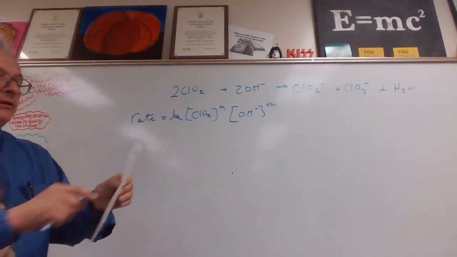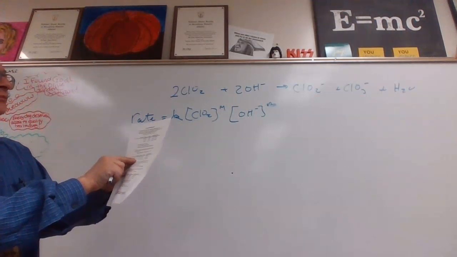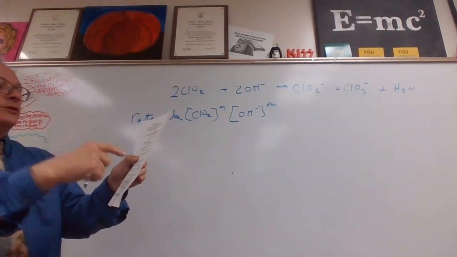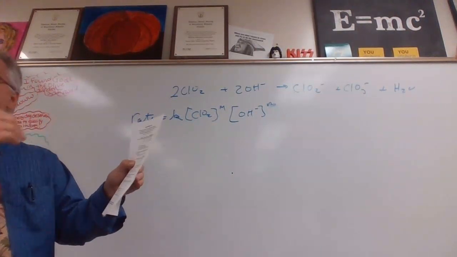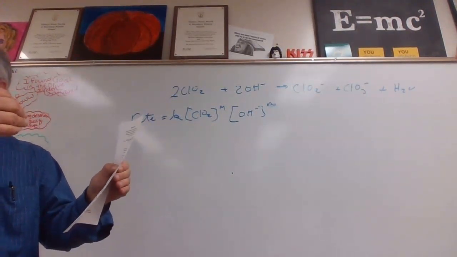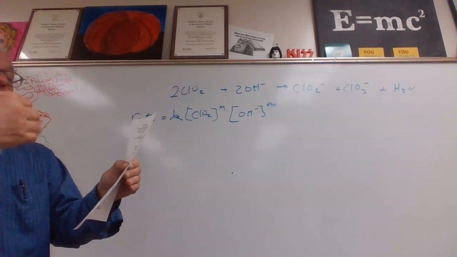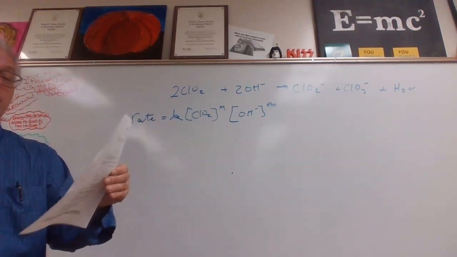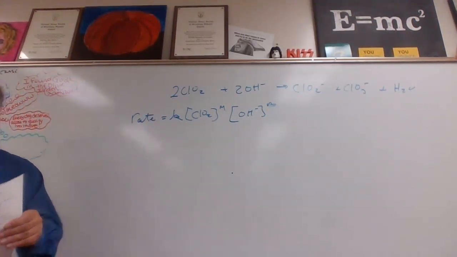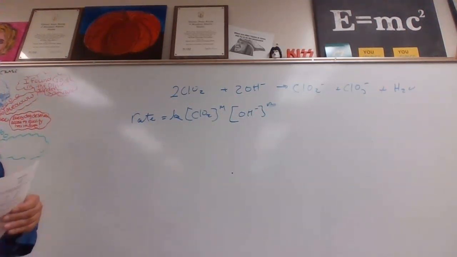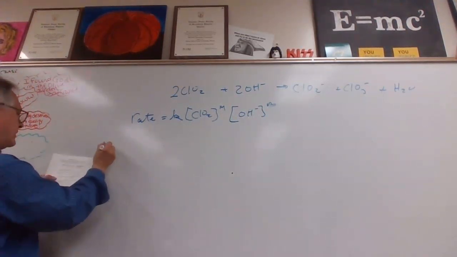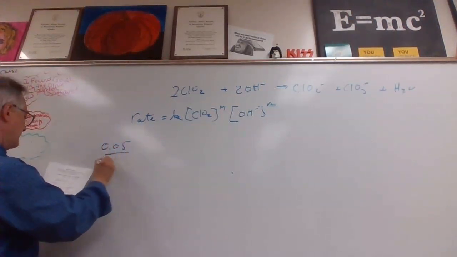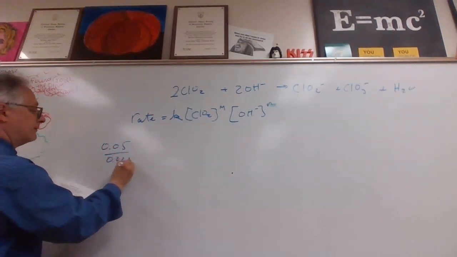So in those 2, now look, experiments 1 and 2, I want you to look at this backwards. Take experiment 2 and then compare it to experiment 1. I'm doubling the concentration between those 2. This could help you. You take the larger value and divide by the smaller value. 0.05 divided by 0.025.